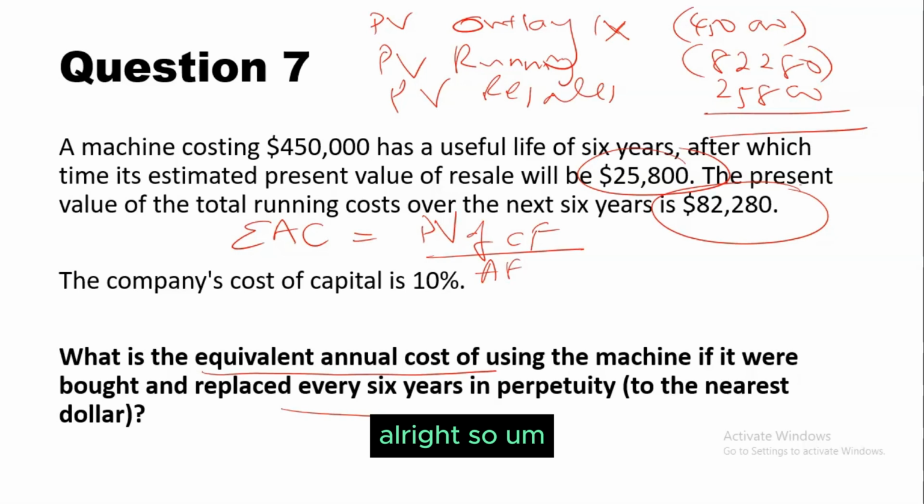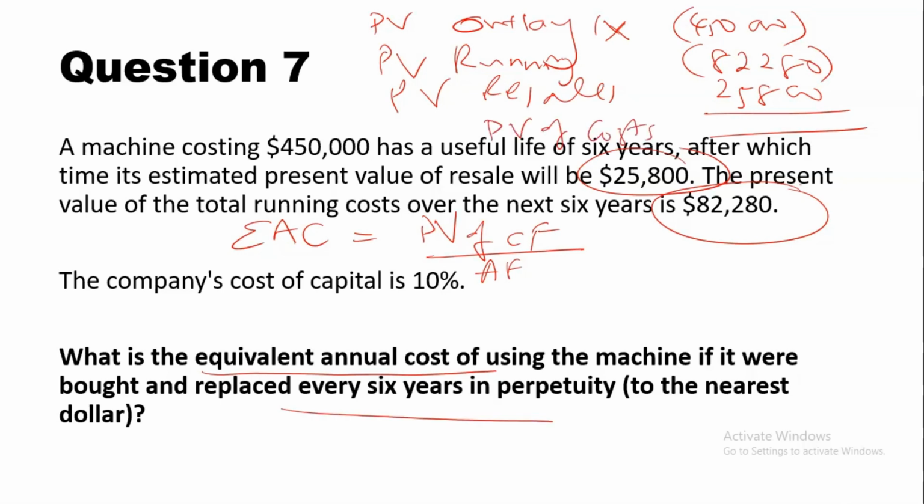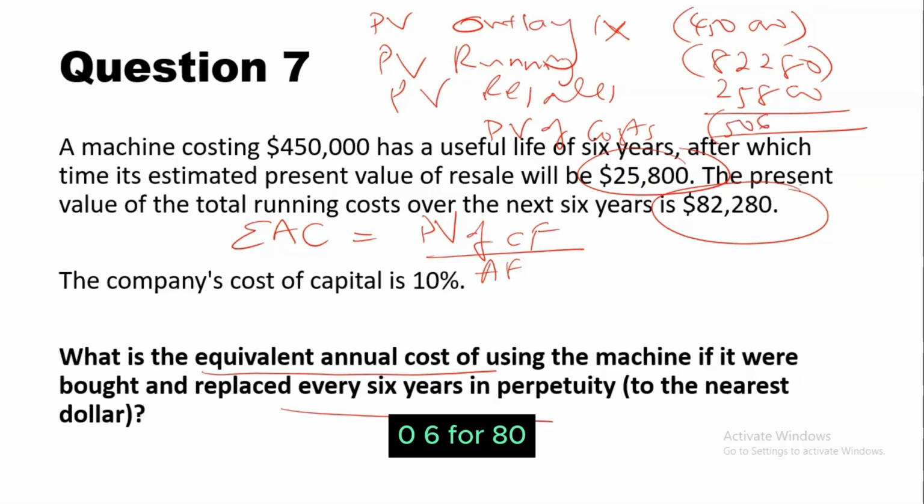All right. So in total, the PV of costs, if we add up those figures, we should arrive at 506,480.